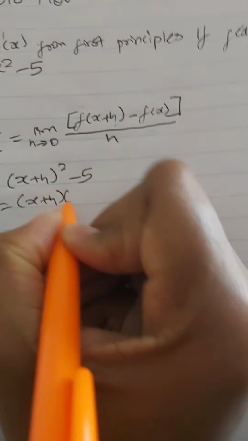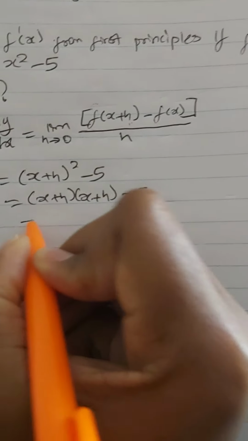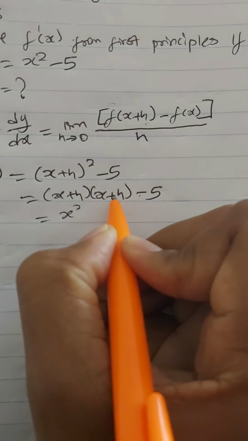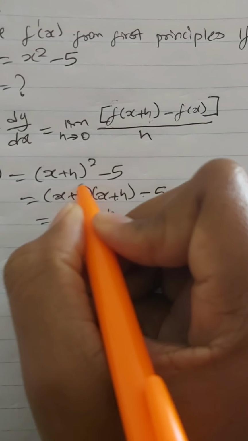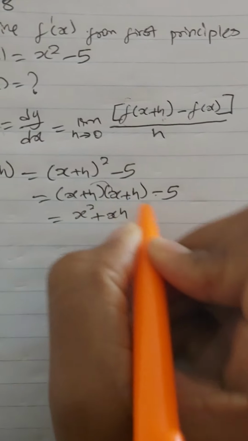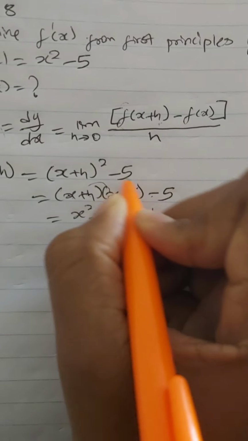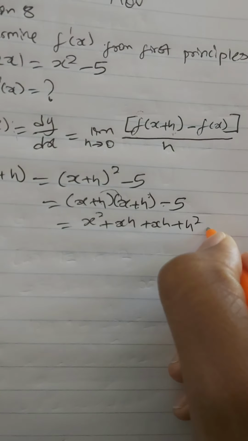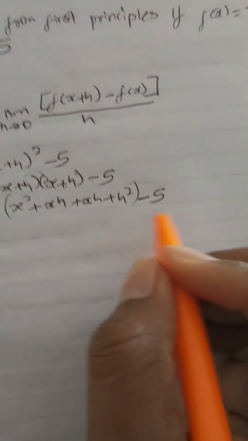I'm just going to simplify this so you understand. x by x is x squared, x by h is xh. Then when we multiply the other one, h by x is another xh. h by h is h squared. Then we minus 5.